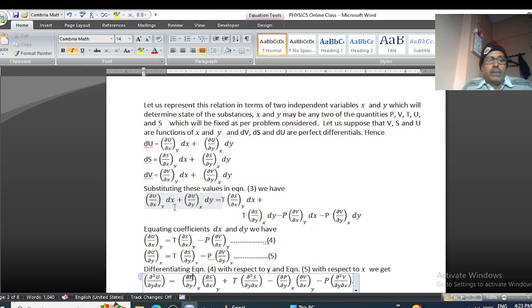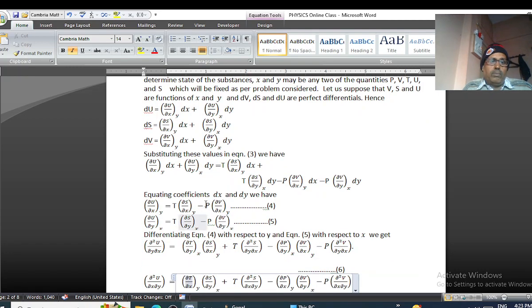First we equate the coefficient of dx. Here it is del u by del x, and on the right side, t times del s by del x, and the term minus p times del v by del x, with a negative sign.